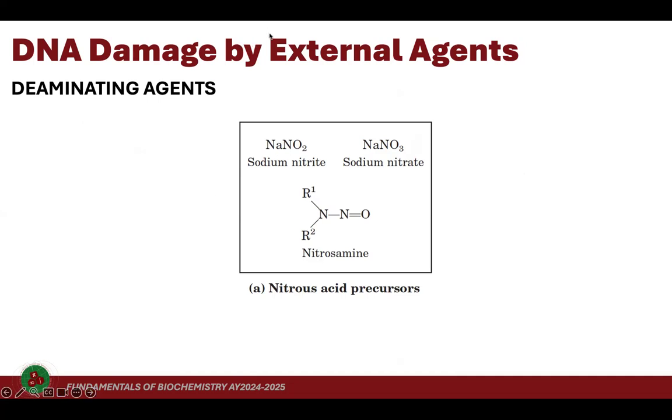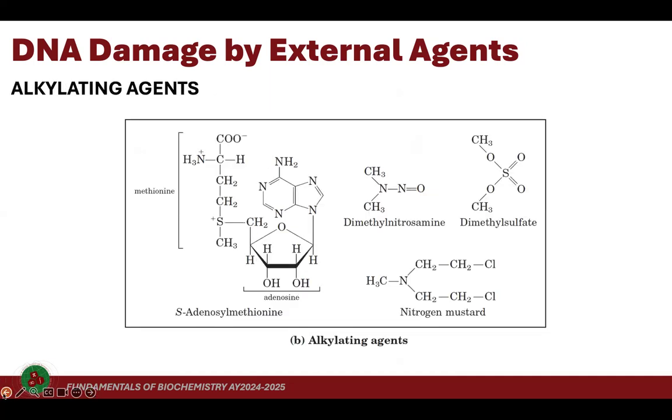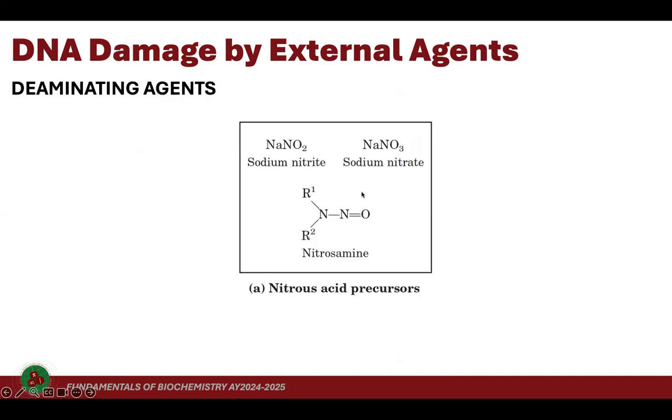The most commonly understood deaminating agents are nitrous compounds. So we have nitrosamines, sodium nitrite, and sodium nitrate. These molecules cause deamination.